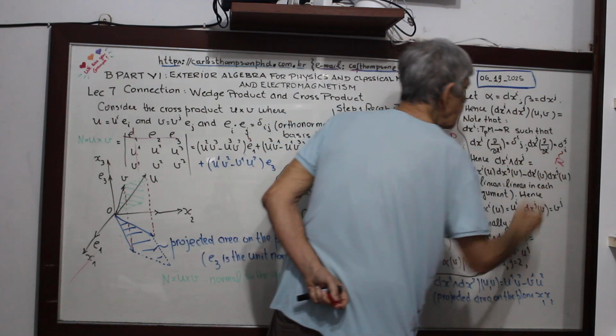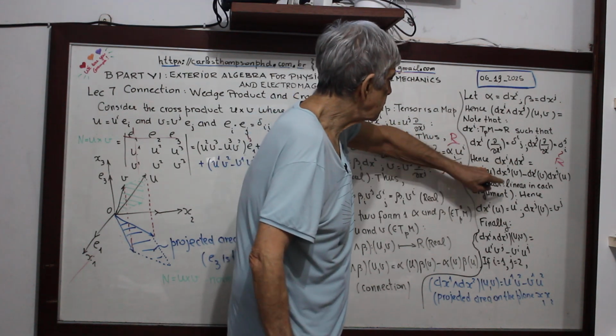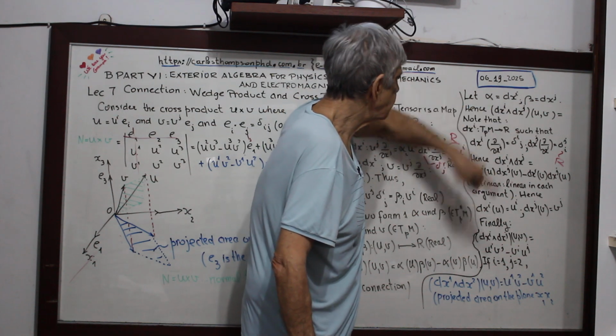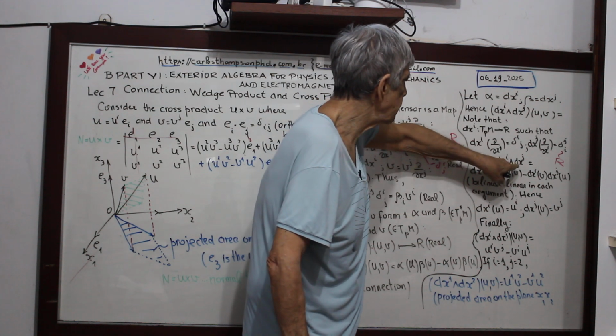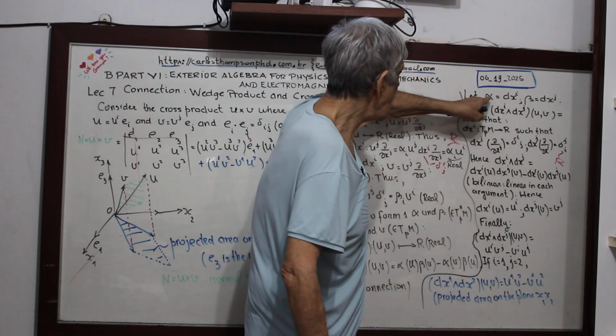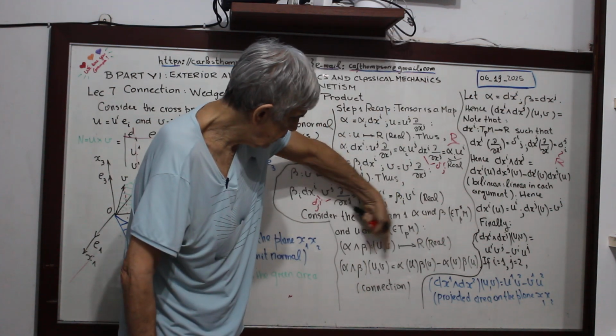Now, for the wedge, I always apply dx^j in this case. So for dx^i wedge dx^j, I just substitute alpha and beta on this line here.